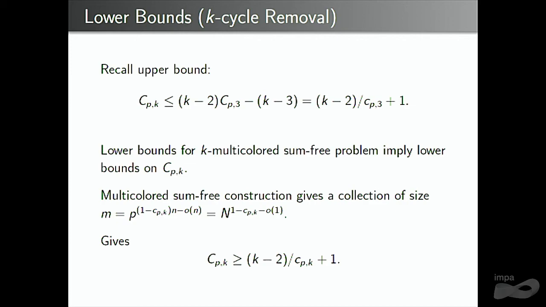I find this kind of interesting that it's almost the same expression, except here you have CP3 and here you have CPK. Because we're forced to use induction, the only bound we get from the multicolored sum-free problem is what we get in the triangle case, and so that's the best. If you could somehow figure out a way to combine various constructions of the multicolored triangle sum-free problem, perhaps you could match this, but this is the best bound that we've been able to obtain.